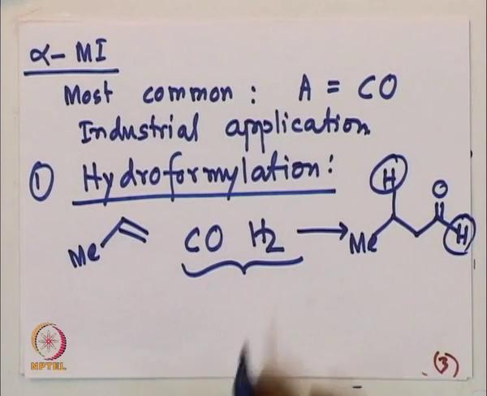Now, for these cases we know that it is a very well known industrial process. Hundreds of millions of tons of these aldehydes are prepared by this process, and we have rhodium or cobalt catalyst for this sort of transformation used industrially nowadays.